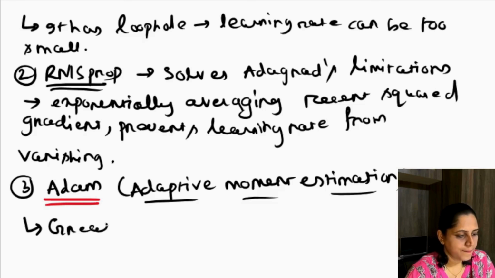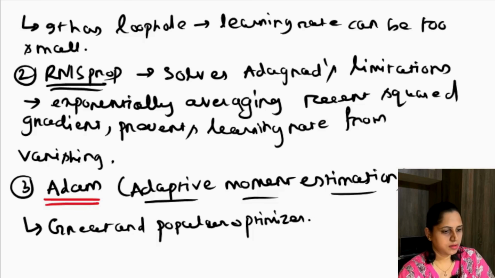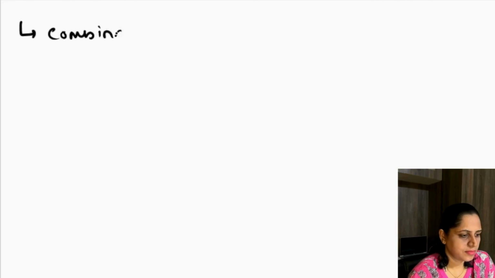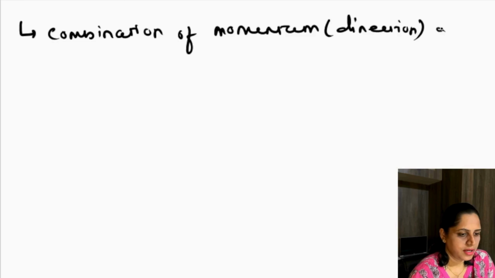We know that we are using Adam in most of the cases, and it's a great and popular optimizer, right? Then how it works, it's just a combination of momentum, that means it gives direction to my neurons, and RMSprop, or I can say adaptive speed.